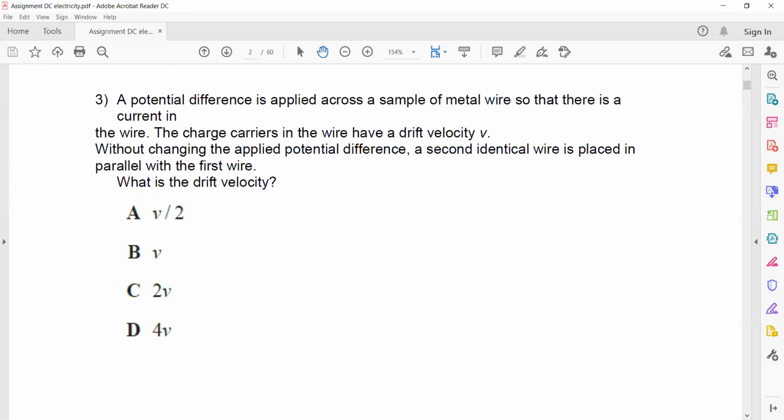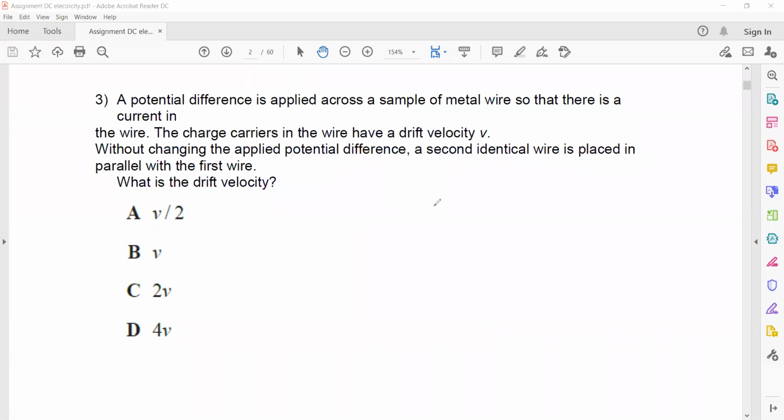A second identical wire is placed, and that is placed in parallel.